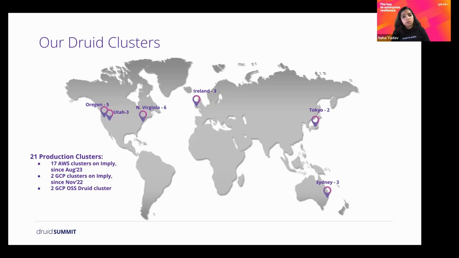The migration finished in August. There were two GCP clusters that were migrated to Imply last year in November. And we still have two OSS Druid clusters running that we plan to migrate to Imply early next year.